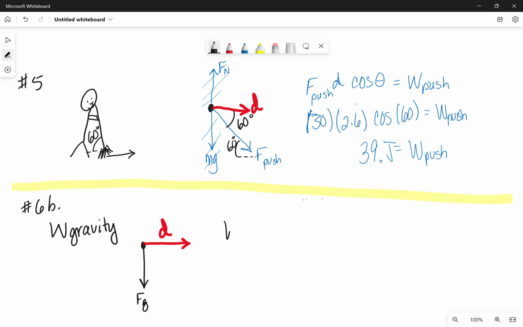So the work done by gravity would equal the force of gravity times d times the cosine. What's the angle? 90 degrees. The cosine of 90 degrees is 0, and anything times 0 is 0.